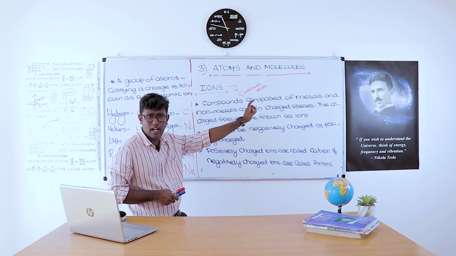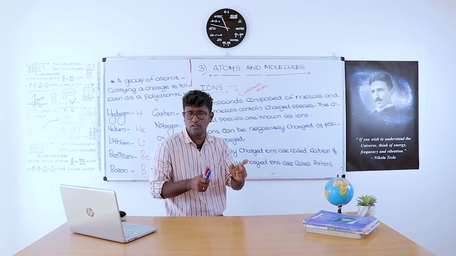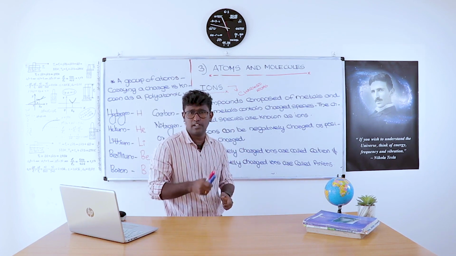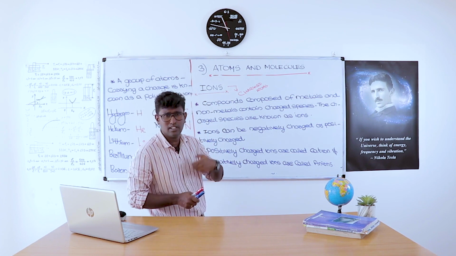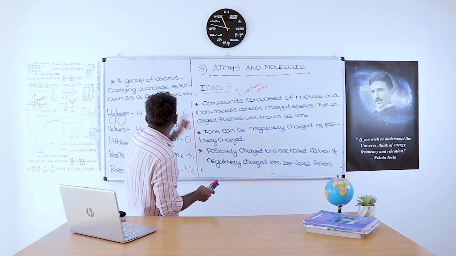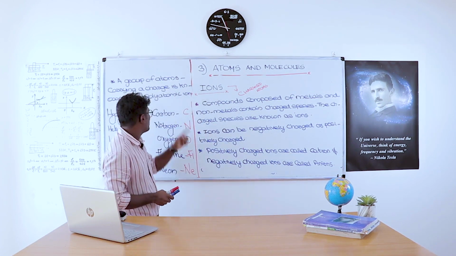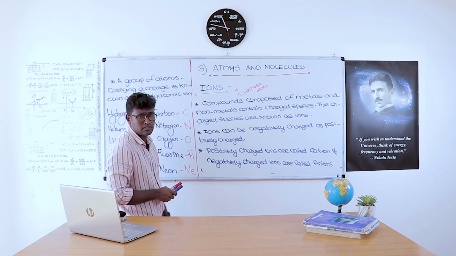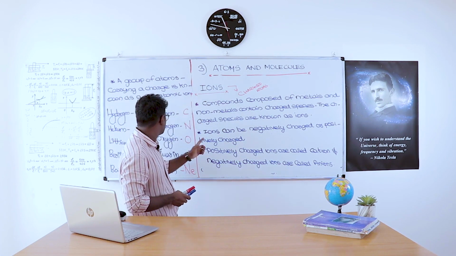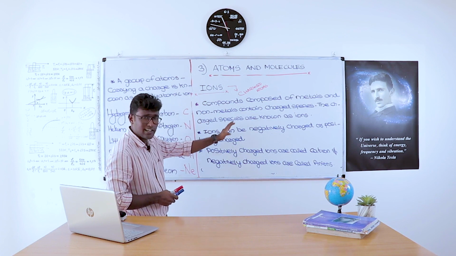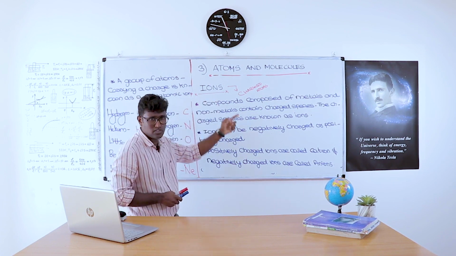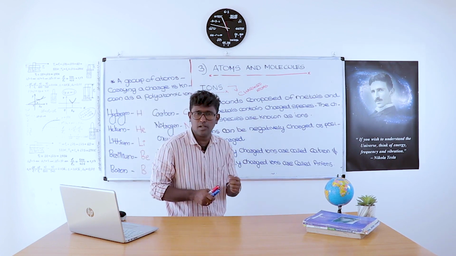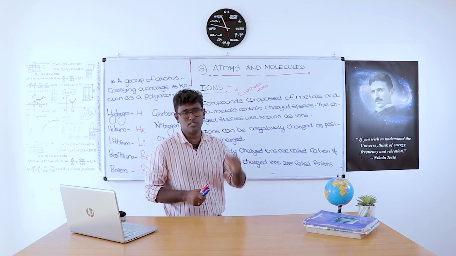Charged atoms are called ions; positive ions are called cations and negative ions are called anions. A group of atoms carrying a charge is known as a polyatomic ion. The number of atoms that constitute a molecule is known as its atomicity.